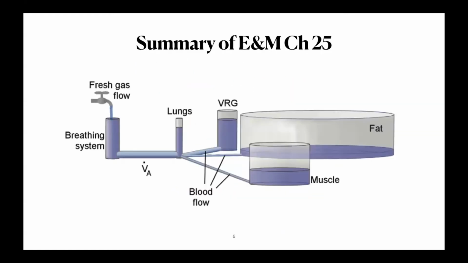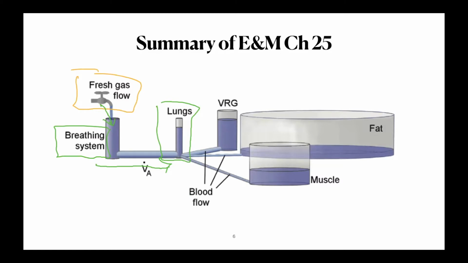Now, this is the diagram from Evers and Mays. And again, this is actually really nice to help you understand. So we've got the vaporizer, which he represents as a tap, and that heads down into the circuit, or what's called the breathing system. And then through a combination of fresh gas flow and your minute ventilation, heads off to the lung, where it gets equilibrated with arterial blood.